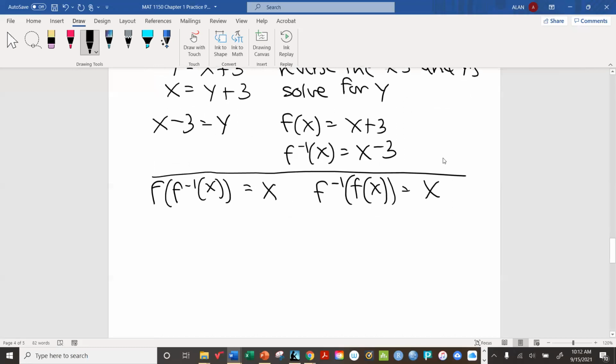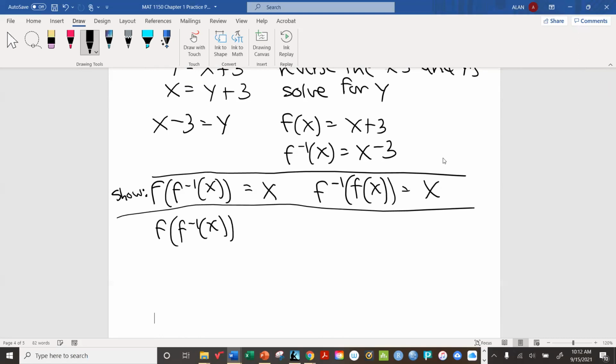So we'll start with the first one. f of f inverse of x means replace all x's with f inverse of x.